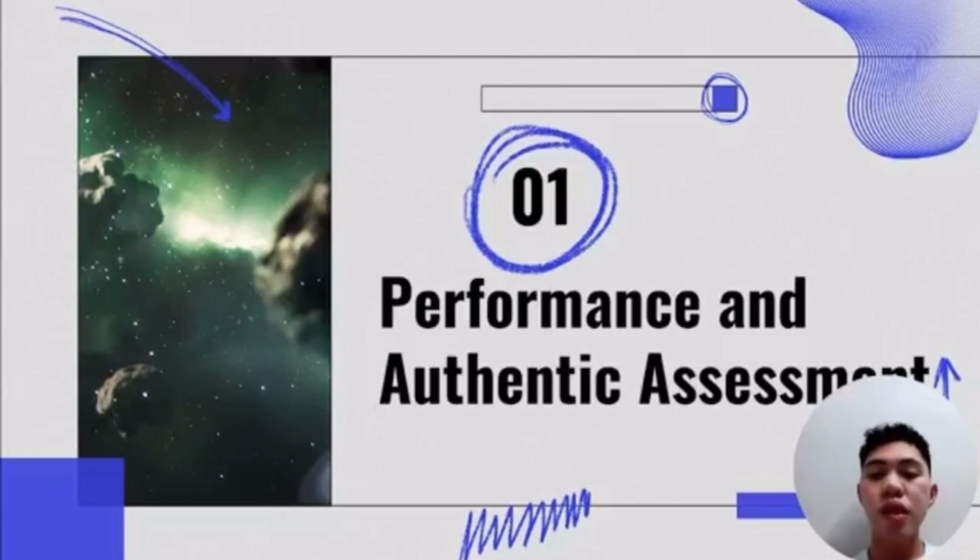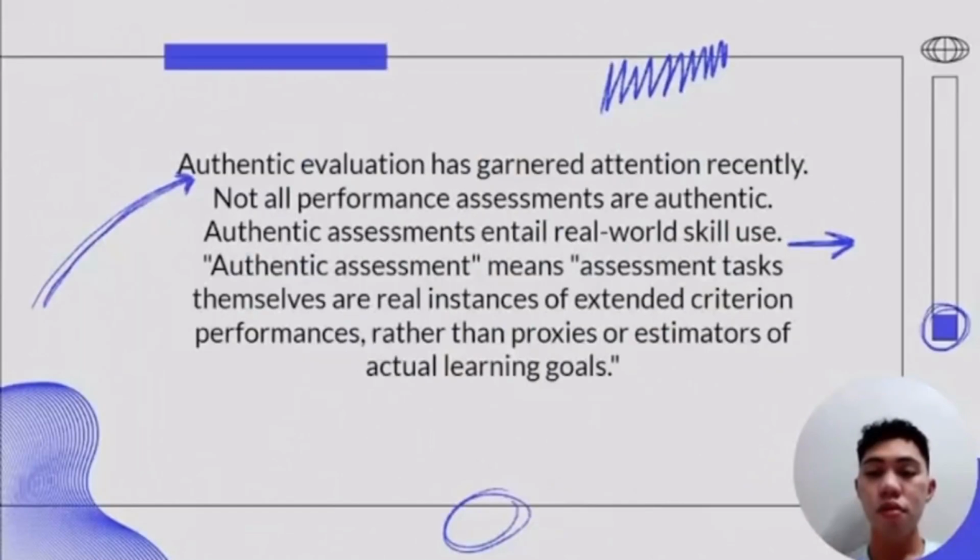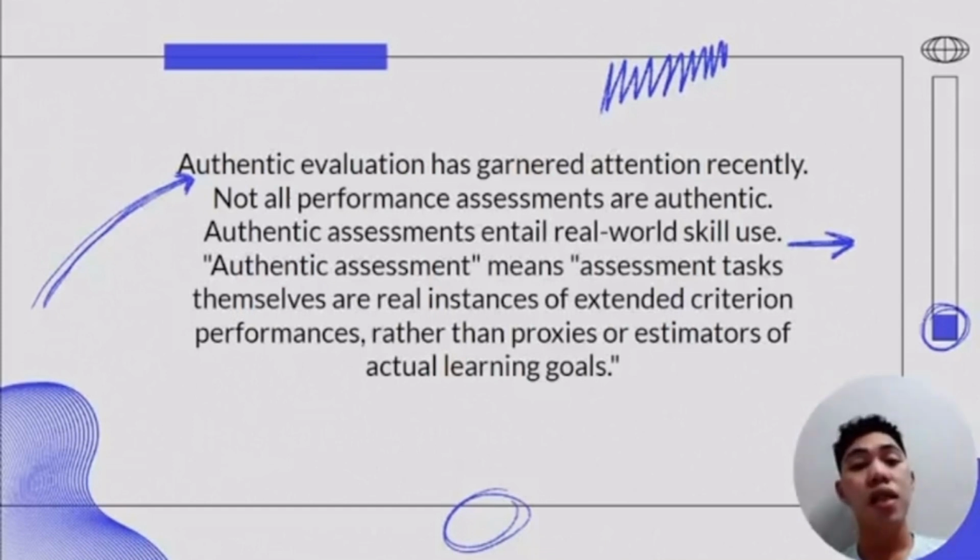So let's talk about performance and authentic assessment. Authentic evaluation has garnered attention recently. Not all performance assessments are authentic. First off, authentic assessment entails real world skill use. It means assessment tasks themselves are real instances of extended criterion performances rather than proxies or estimators of actual learning goals.